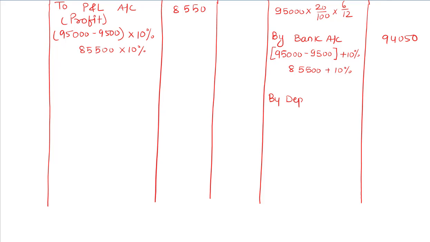Right over here, by depreciation, year end, so 31st of March 2017, this is year end. By depreciation, it is 9,50,000 minus 95,000.